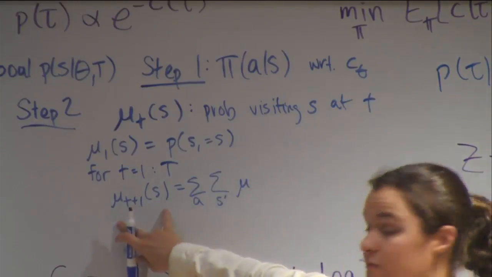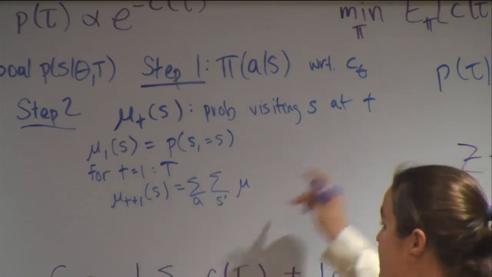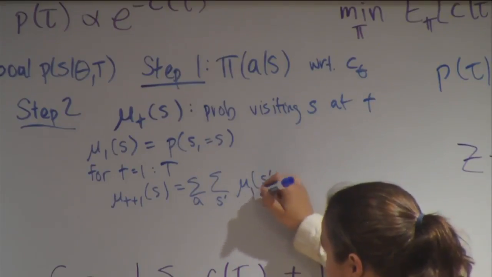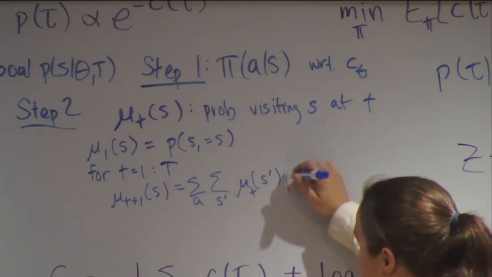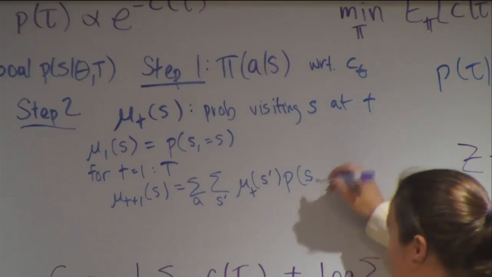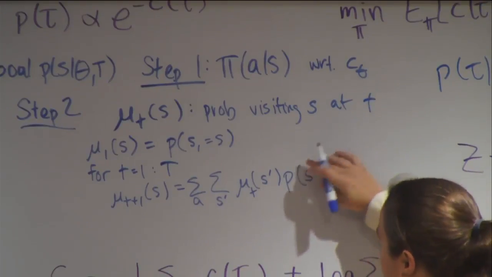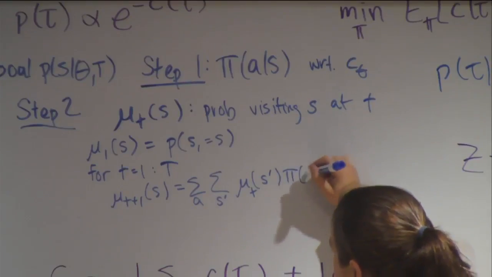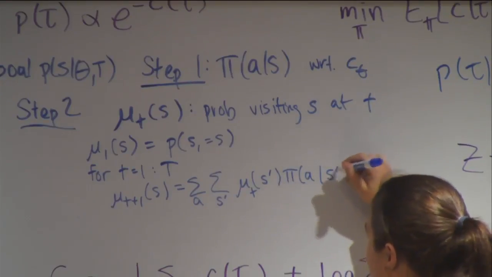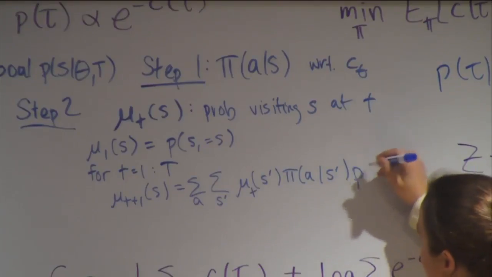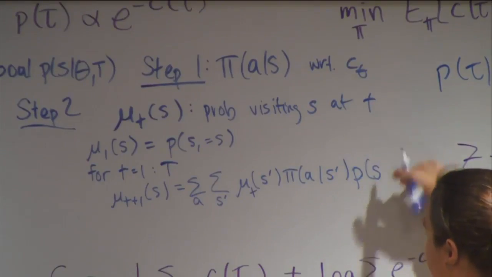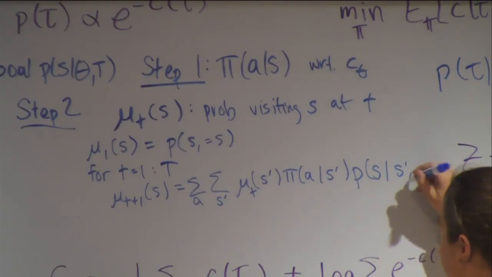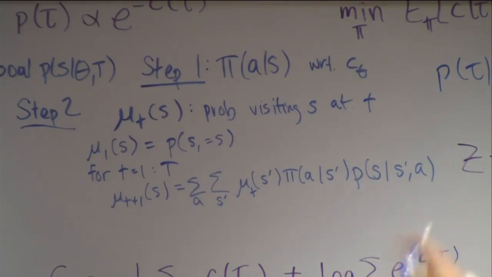So the probability of hitting state s at t plus 1 is the probability of being at the previous state at time t, times the probability of taking an action A from the previous state, times the probability of landing in state S given the previous state S prime and action A.